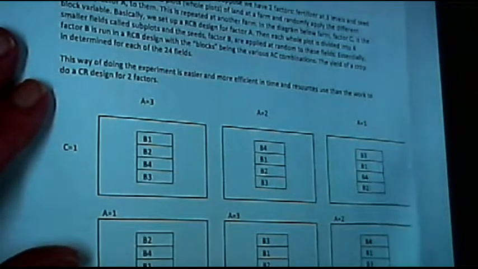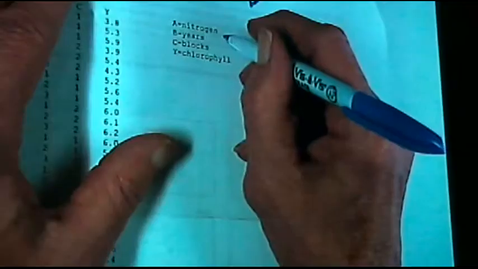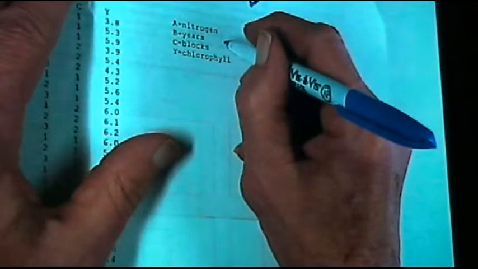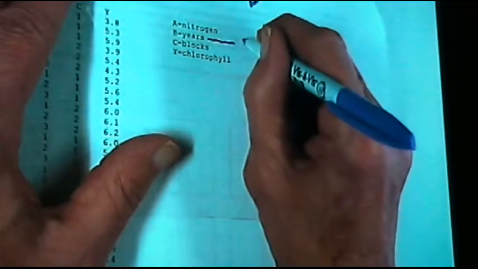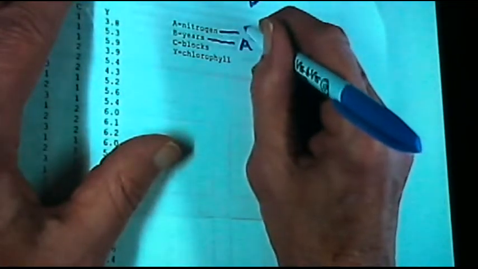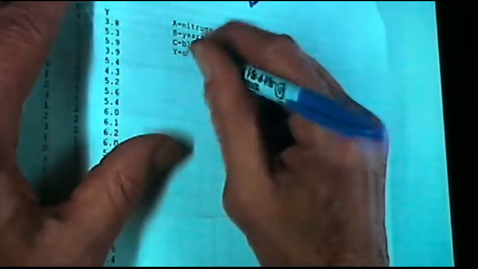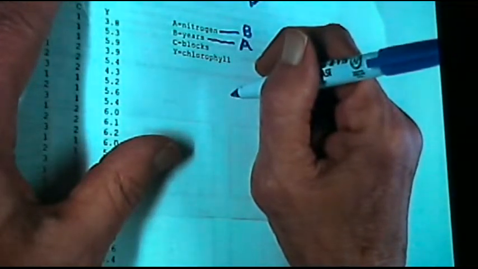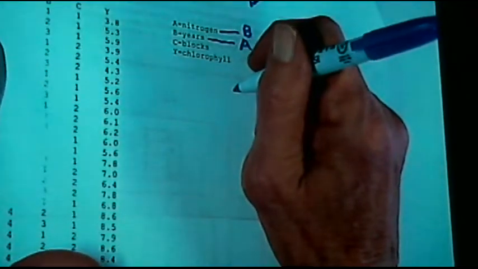So I think the example fits this picture a little better if I switch the variables A and B. In other words, let years be A, let nitrogen be B, and let blocks be the farms as indicated. So I think the picture fits this example a little better with that modification.